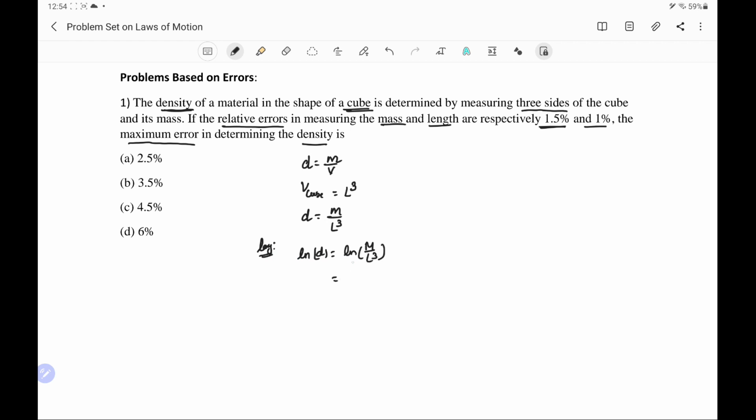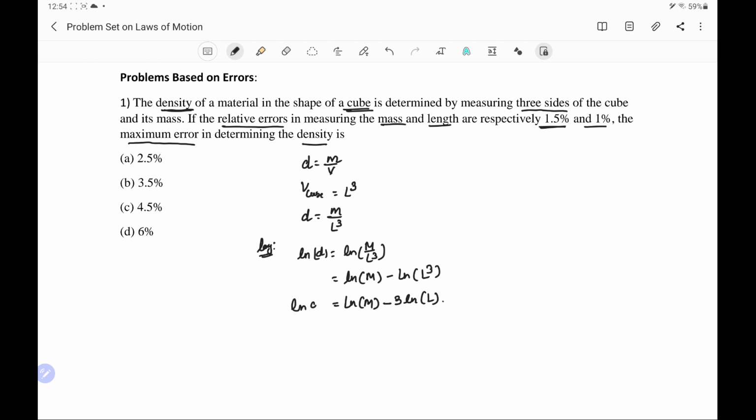That is equal to, by formula, ln M minus ln L cube. And it is the formula like M raised to the power N, so it can be written as minus, this power will be taken out of log, it is 3 log L.